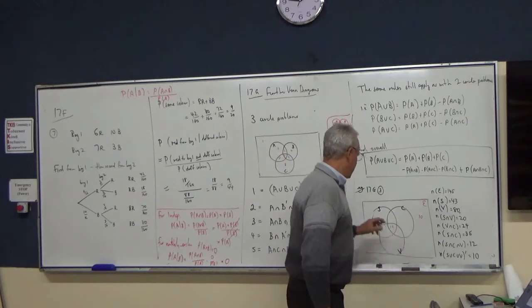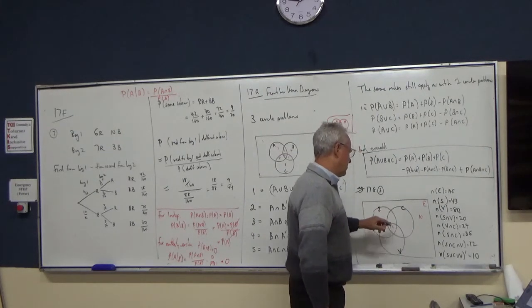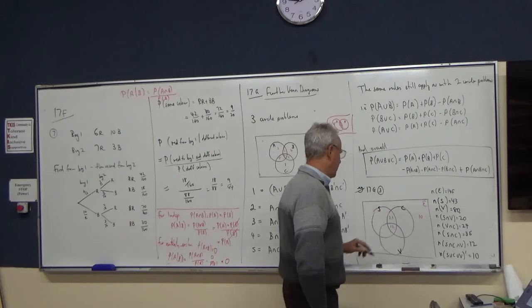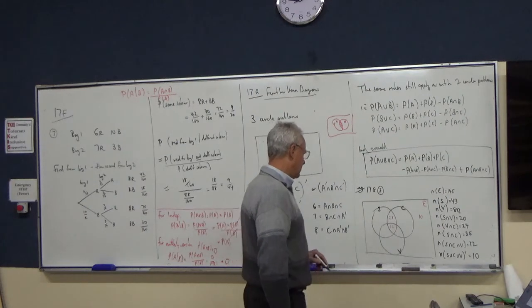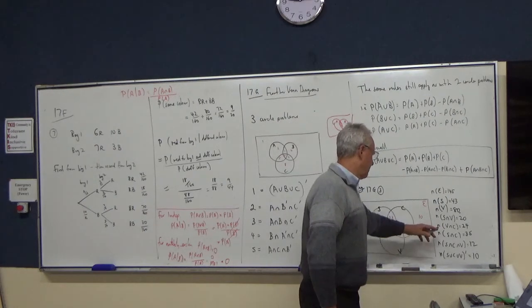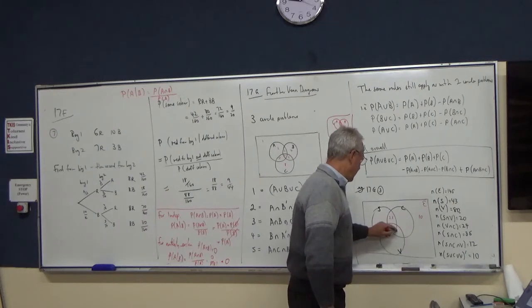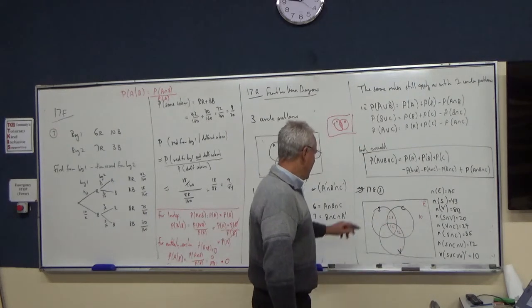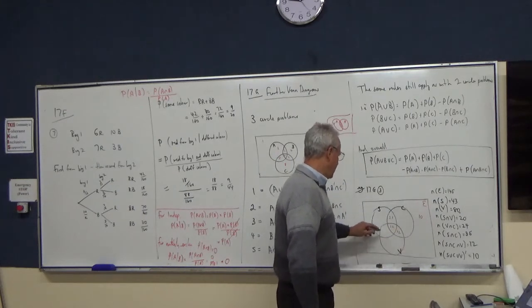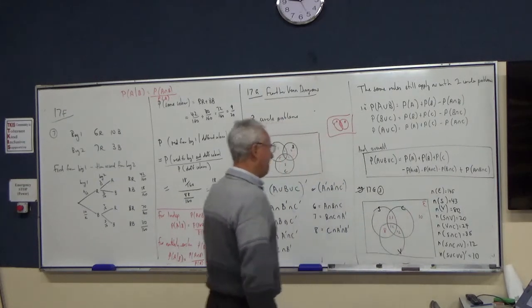S intersection C here is 35. 12 already there, so there must be another 23 there. C intersection V is 24. So that plus that is 24, there must be 12 and 12. S intersection V is 20, so there must be 8 here.